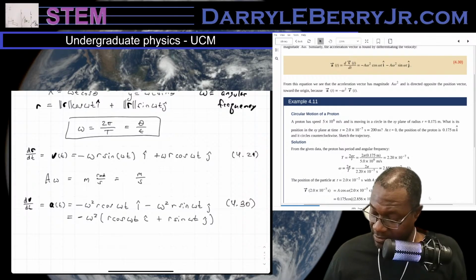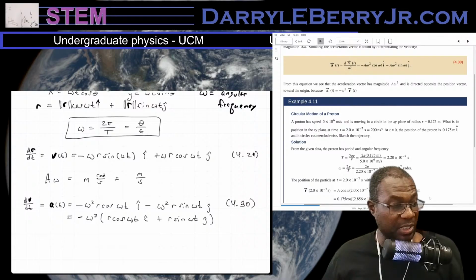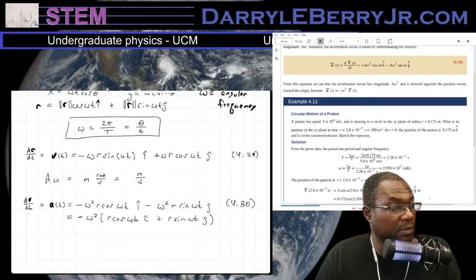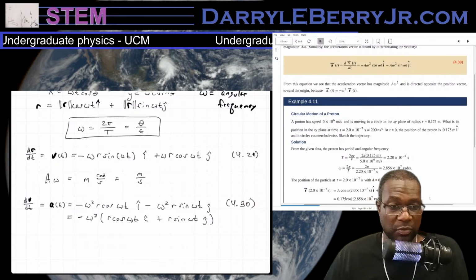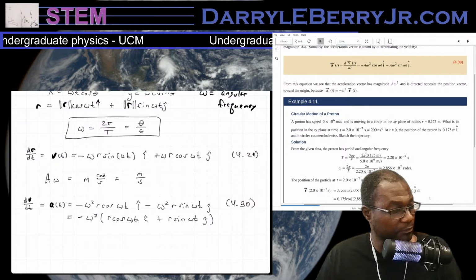And it is in fact the position vector multiplied by negative omega squared. And thus we know it's going directly opposite the position vector, the radius vector, except it's scaled by omega squared. The negative is there.